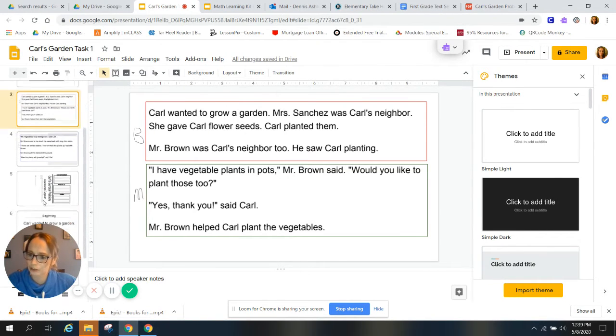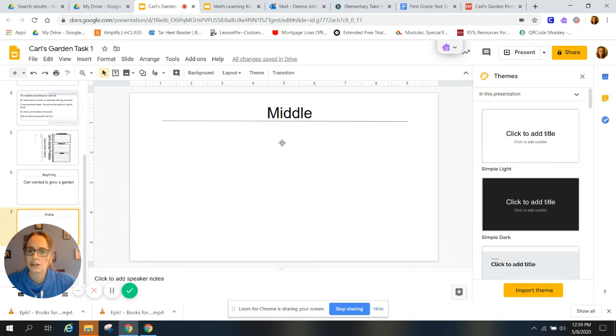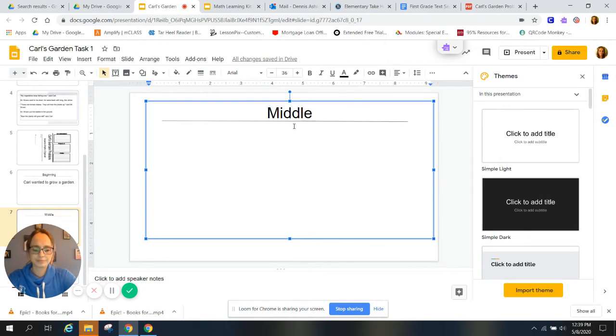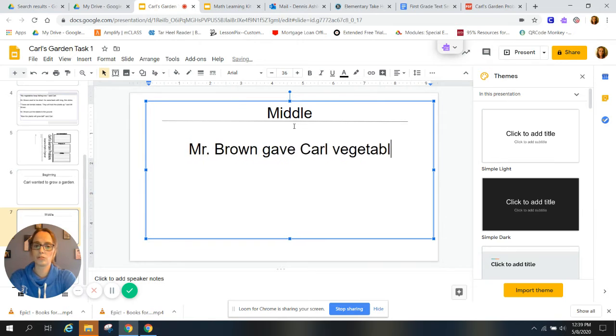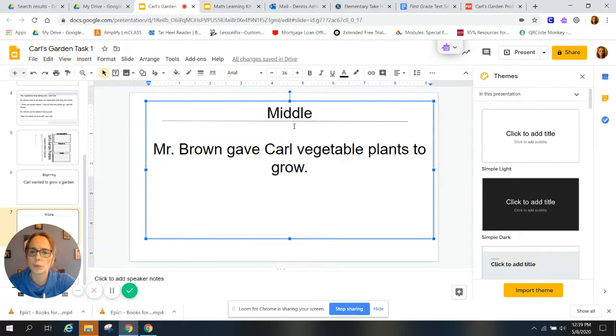So let's add that to our graphic organizer. We can say Mr. Brown gave Carl vegetable plants to grow. Now remember, we always need to make sure to capitalize names. So make sure you capitalize Mr. Brown like I did here, and also Carl.